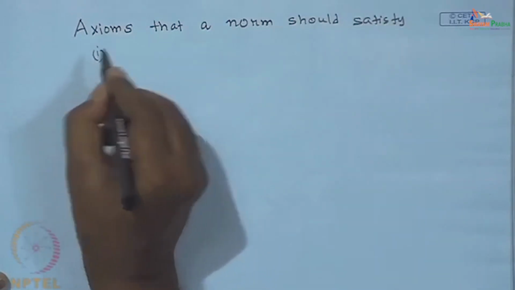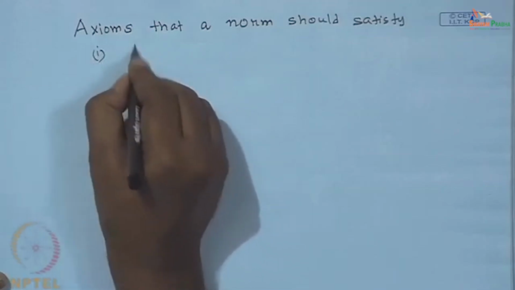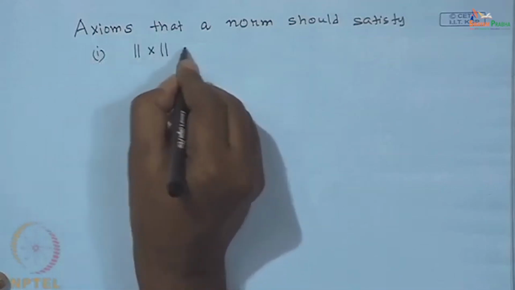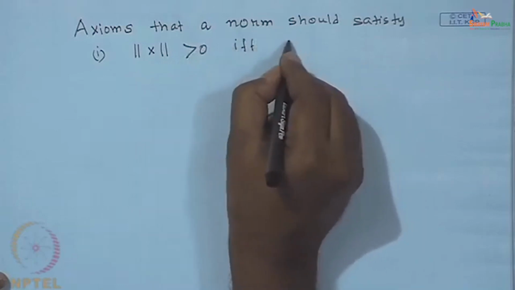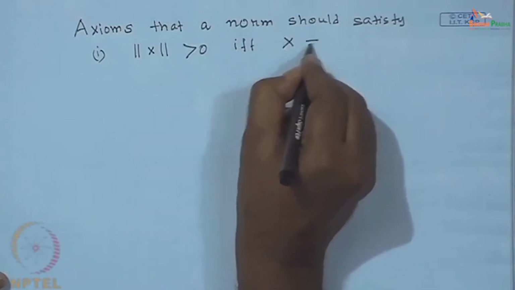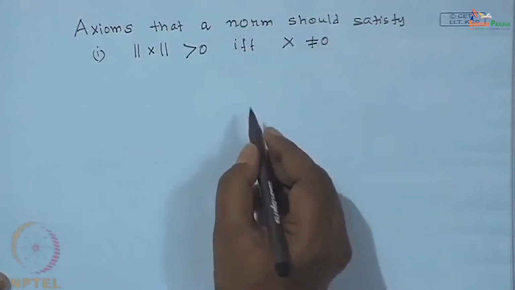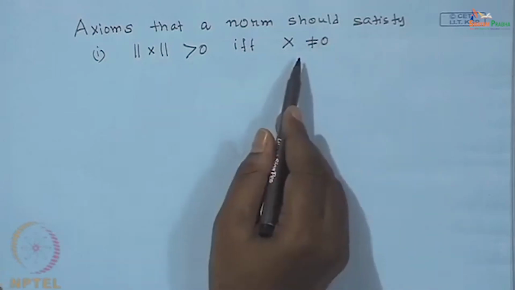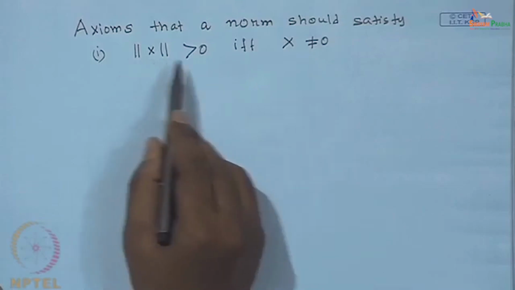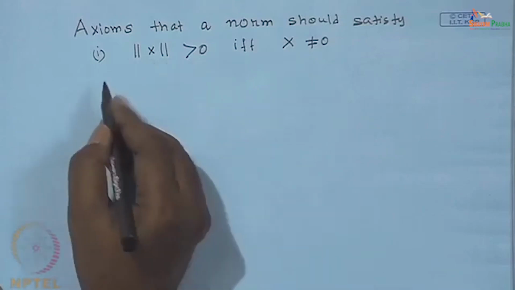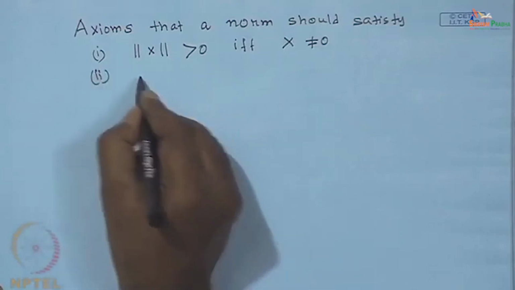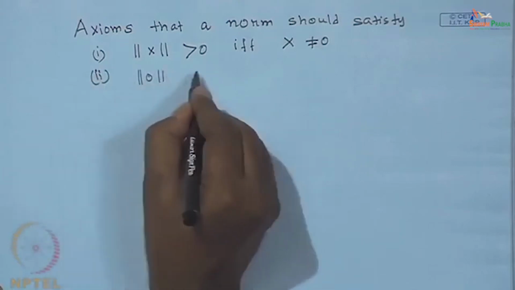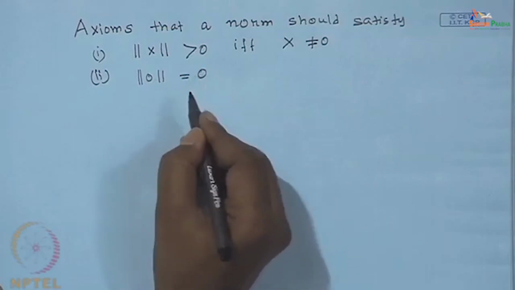The first one: since it is a length, the norm is positive if and only if x is not equal to 0. If the x vector is not a 0 vector, then the norm of the x vector is always greater than 0. Therefore, the next axiom follows that the norm of a 0 vector is 0.